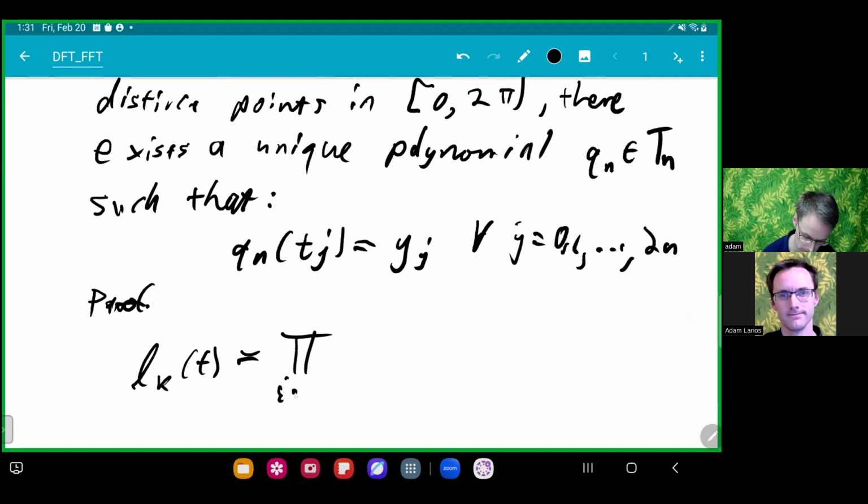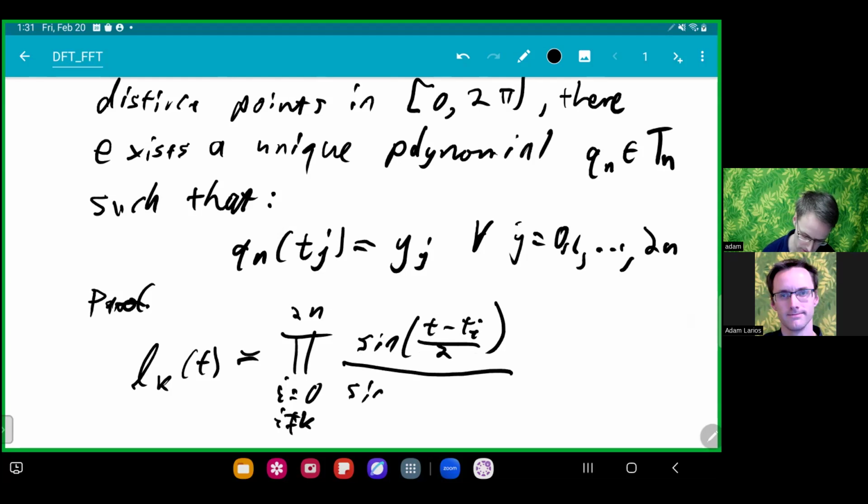Lk of t is a product, i goes from 0 up to 2n with i not equal to k, of sine of t minus ti divided by 2, and all that divided by sine of tk minus ti divided by 2.